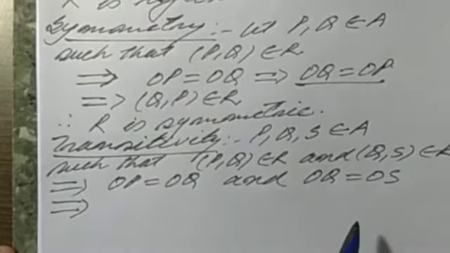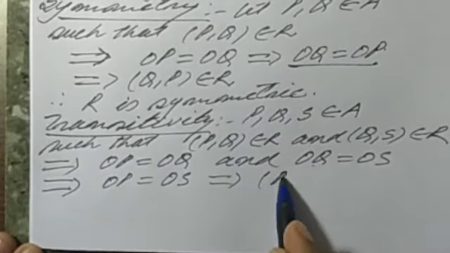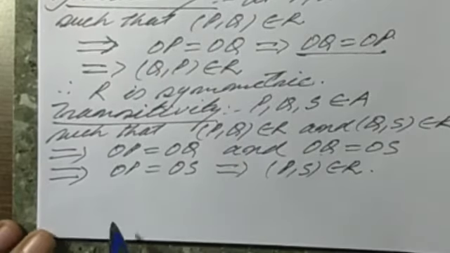Observing these two statements, we come to the conclusion which is quite clear. When OP is equal to OQ and OQ is equal to OS, then OP must be equal to OS. So it implies that (P, S) belongs to R. So we have shown if (P, Q) belongs to R and (Q, S) belongs to R, then (P, S) also belongs to R. So in this way, R is transitive as well.